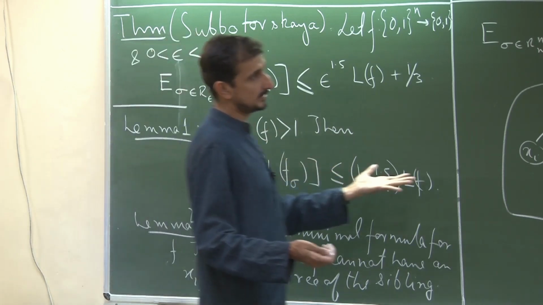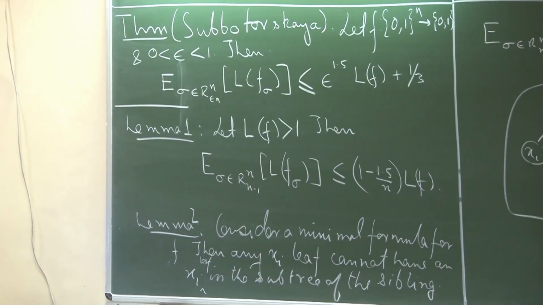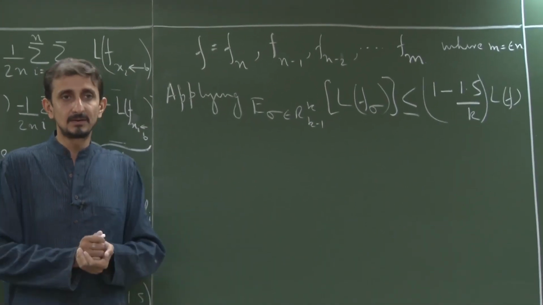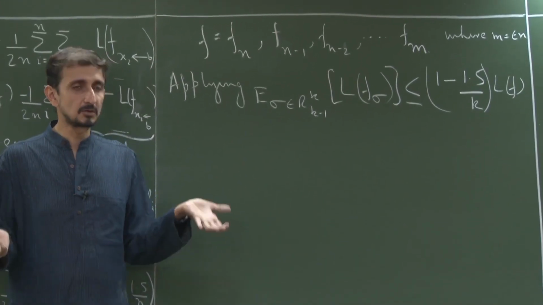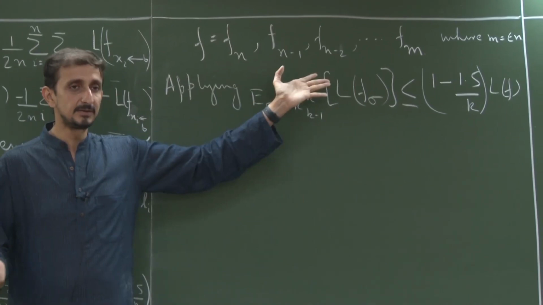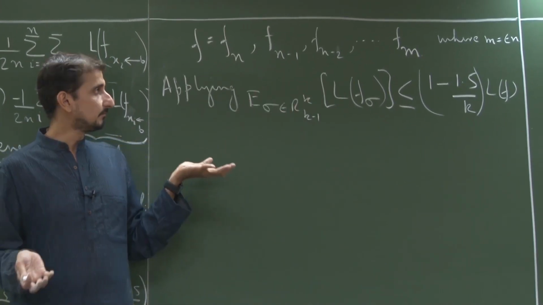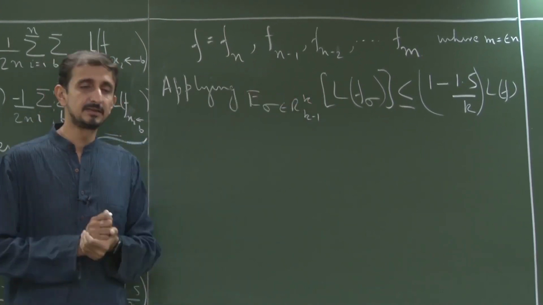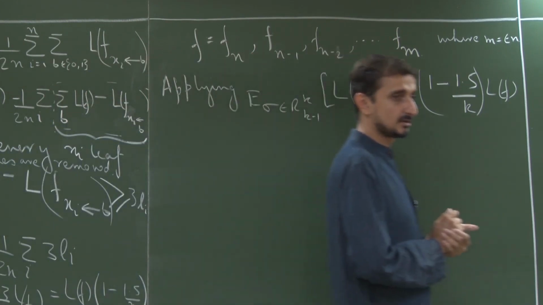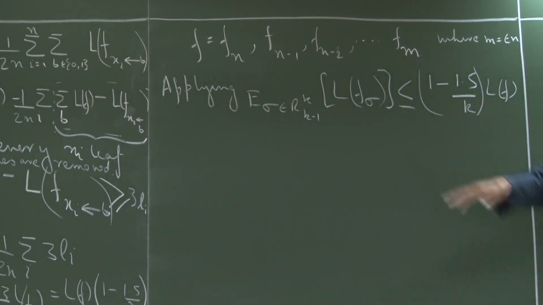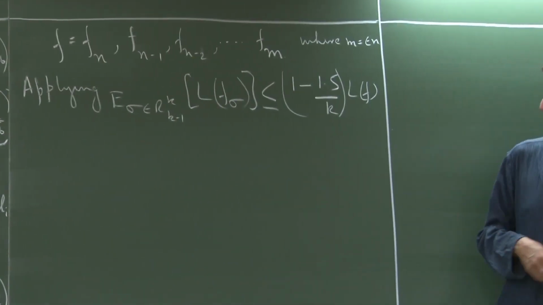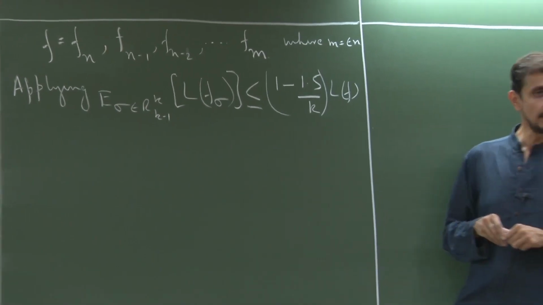Now, what can happen is, one of these intermediate functions can have a formula complexity maybe 1, it can also maybe have a formula complexity 0. Okay. I mean, that is possible, right? We do not know anything about these intermediate formulas. So, I can have a function here which has a formula complexity of 1. So, therefore, this cannot be applied.